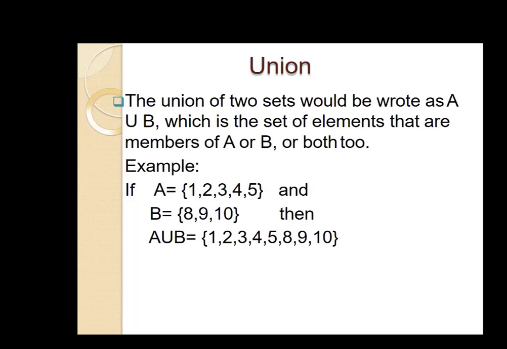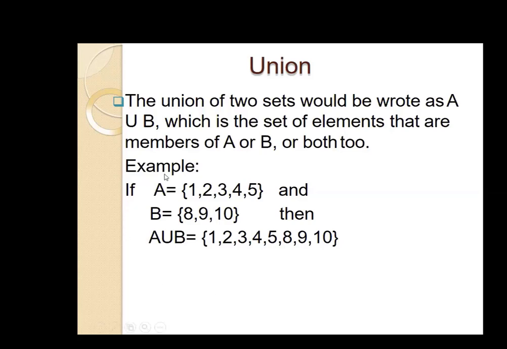The union of two sets is written as A union B, which is the set of elements that are members of A or B or both, right? It means if there are two sets A and B, and they have separate or maybe the same types of elements, we are going to join them, combine them together.